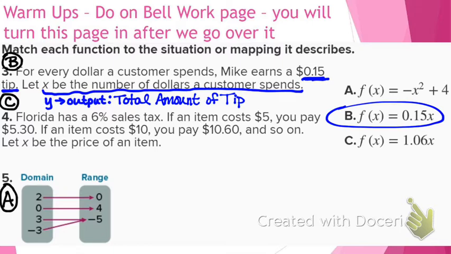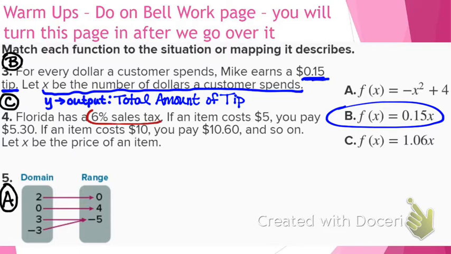I like it. There's no 4 in there. The top one has this weird +4 on it, and there's nothing about the situation with the Florida sales tax to lead me to believe that we would have to add 4 on top. I like it. What does it say the sales tax in Florida is?